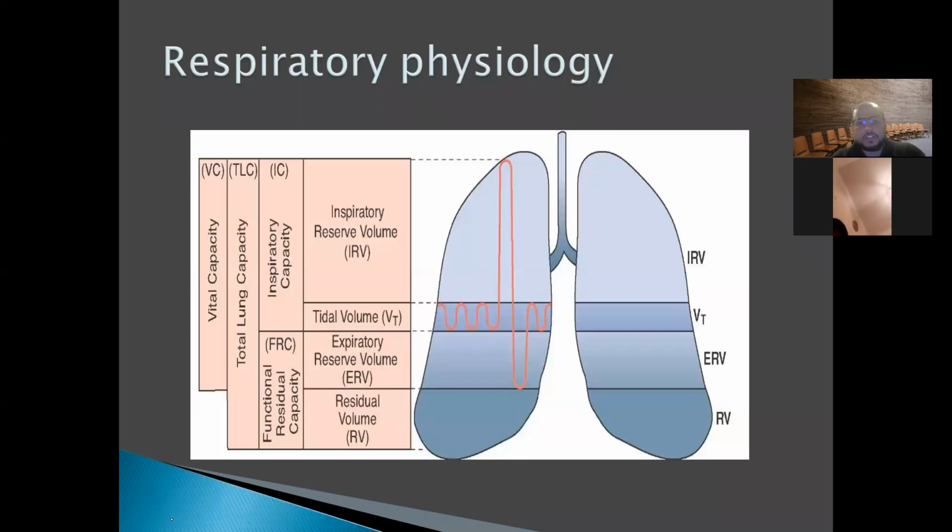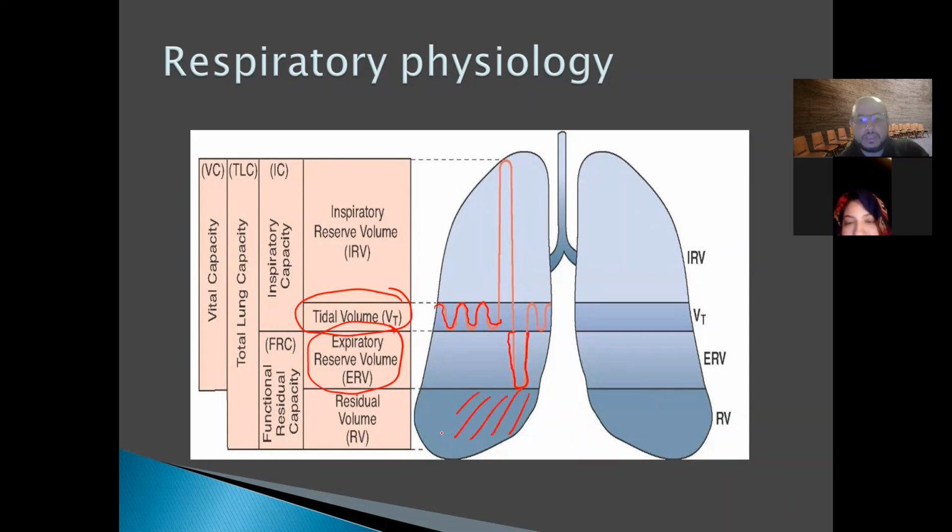It's a very famous picture. I'm going to focus on the tidal volume. So the tidal volume is the amount of air in and out per breath cycle. When I ask you to do deep exhalation, that's called expiratory reserve volume. Like when I ask you to take the air out, that's called the expiratory reserve volume.